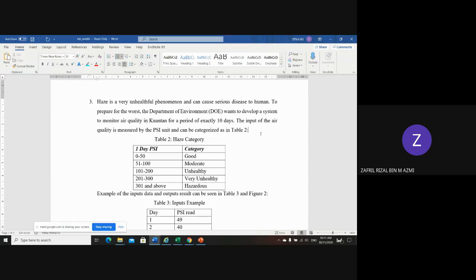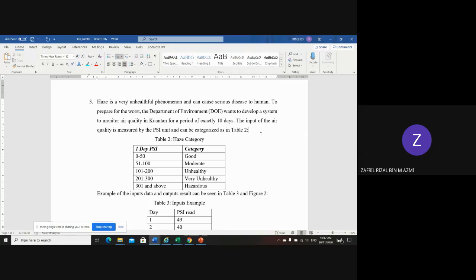But then we are going to repeat the input process how many times? 10 times, inputting maybe different values, but we are going to store it in the same one input variable only, which is the PSI.